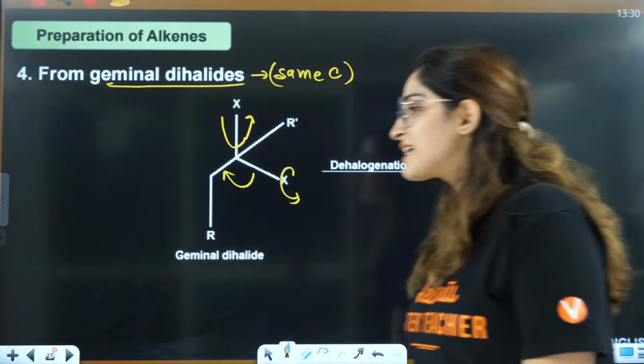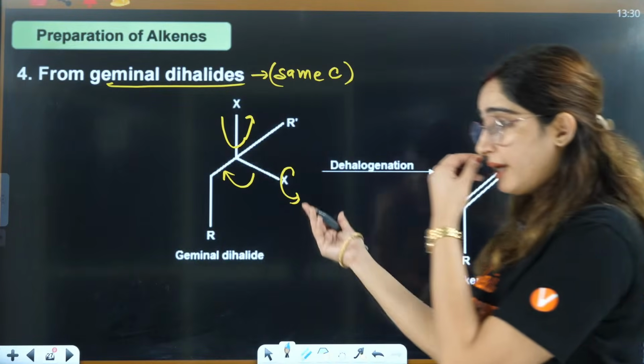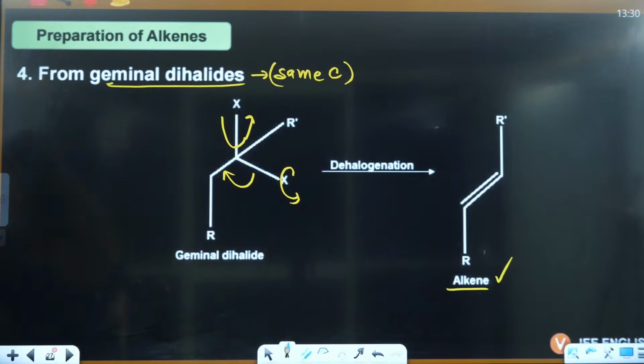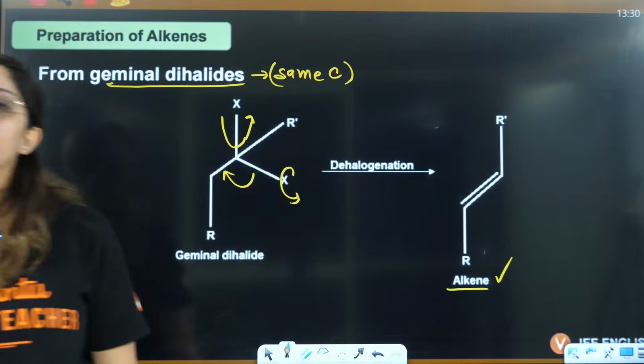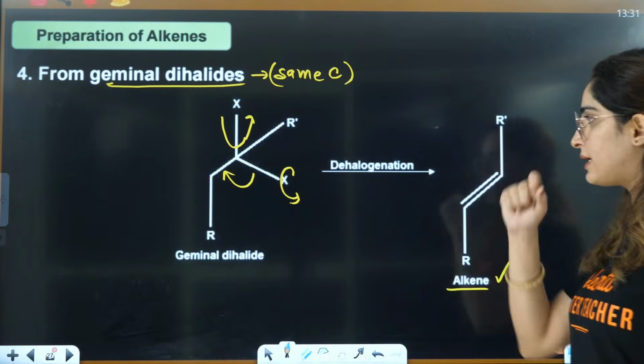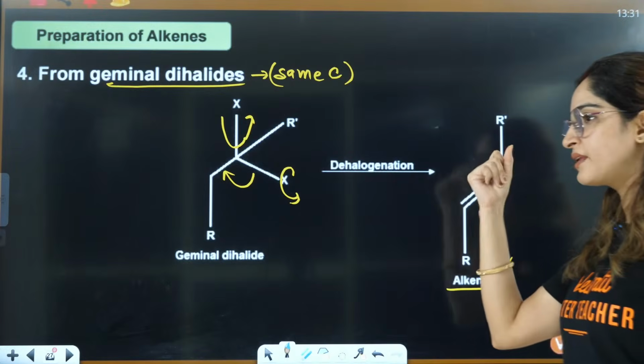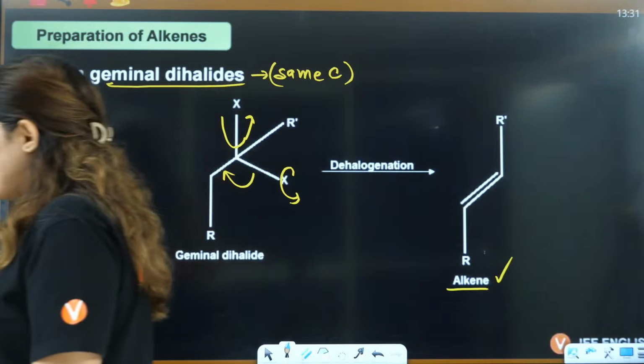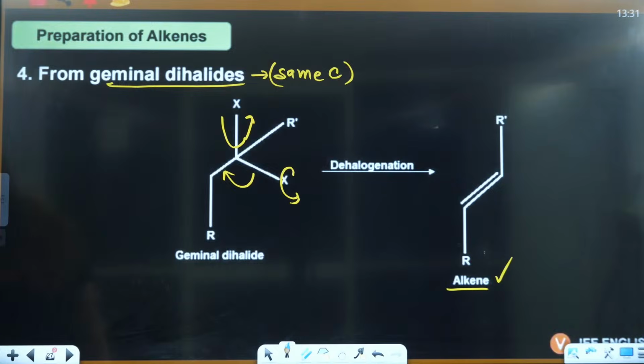Congratulations. Now, guys, tell me, in this case, what will it be? Is this beta elimination? Is this gamma elimination? Is this alpha elimination? What kind of elimination is it? Yes, everybody in the chat box, tell me. Alpha elimination.